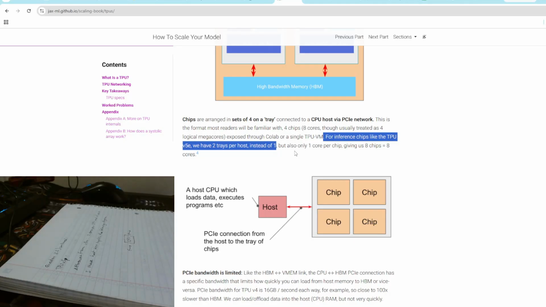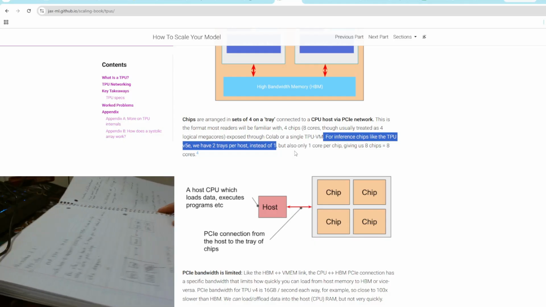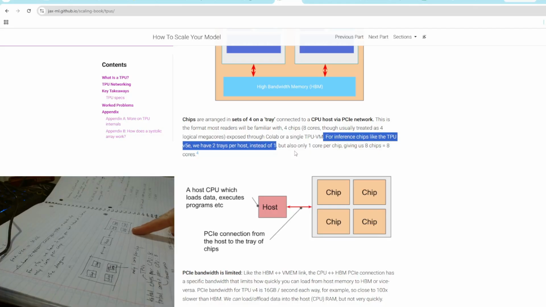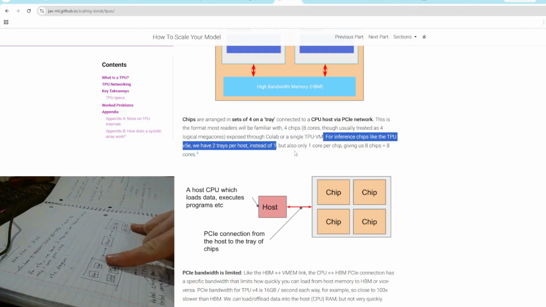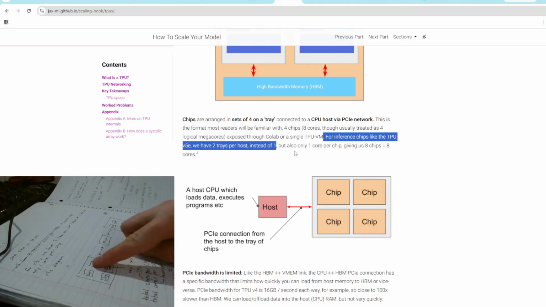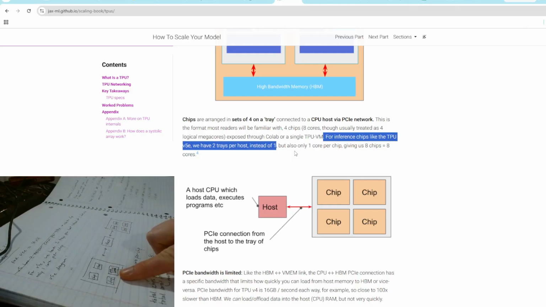In that case, I think we might have done this wrong. So we have 2 trays per host instead of 1. Okay, so we have 2 trays. But then this is a 2 by 2 formation, right? We want a 4 by 2.